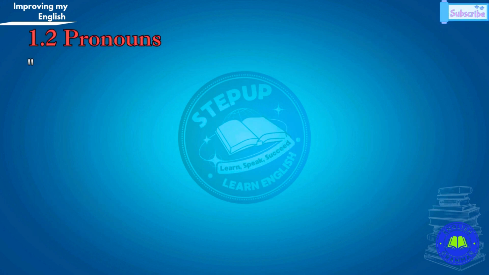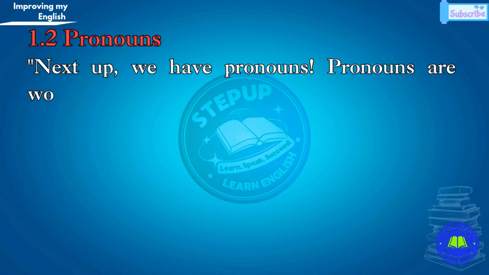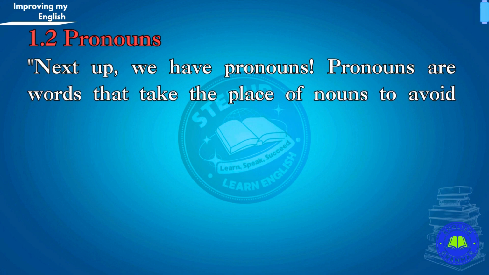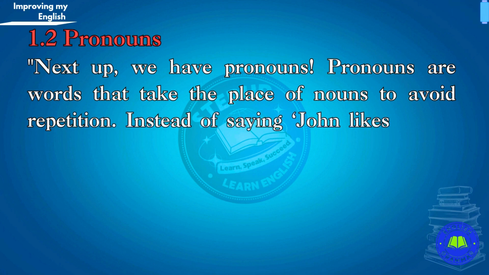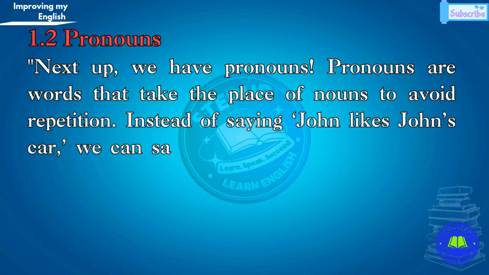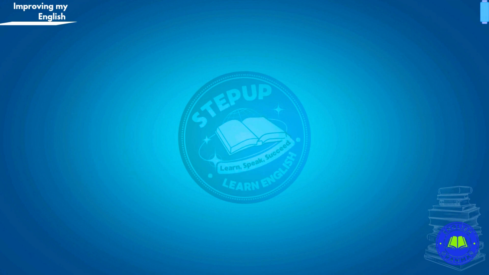1.2 Pronouns. Next up, we have pronouns. Pronouns are words that take the place of nouns to avoid repetition. Instead of saying, John likes John's car, we can say, he likes his car. It sounds more natural and less repetitive.